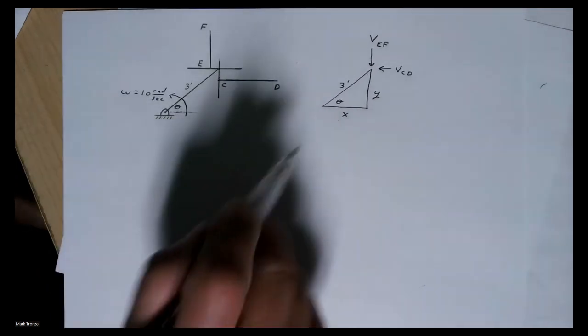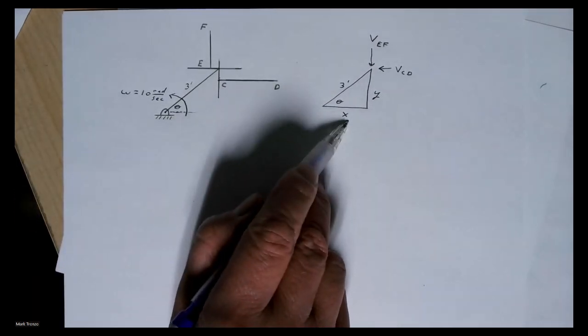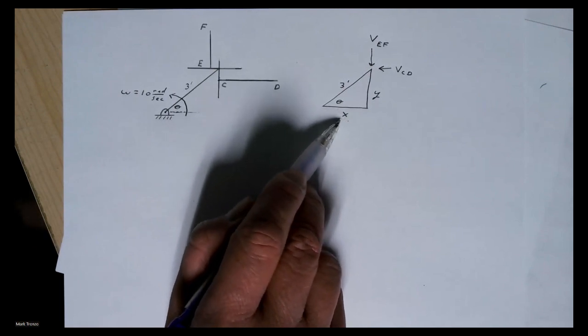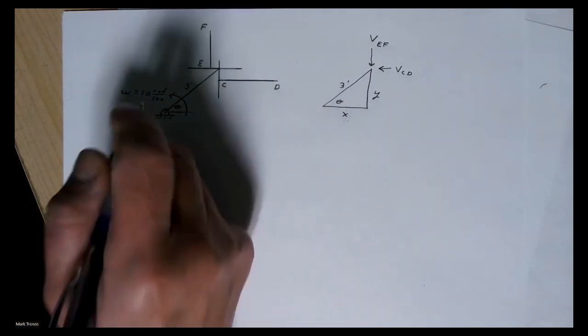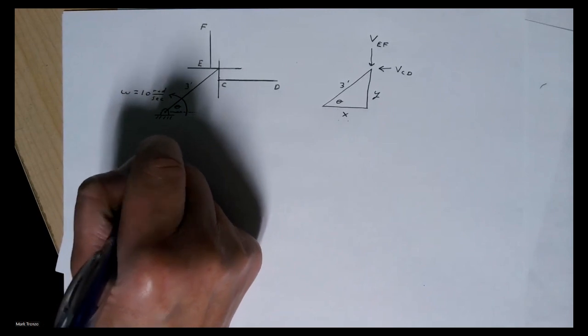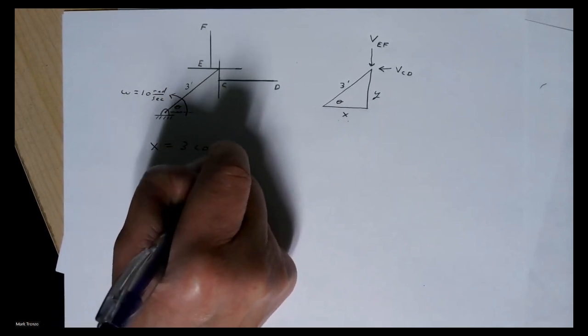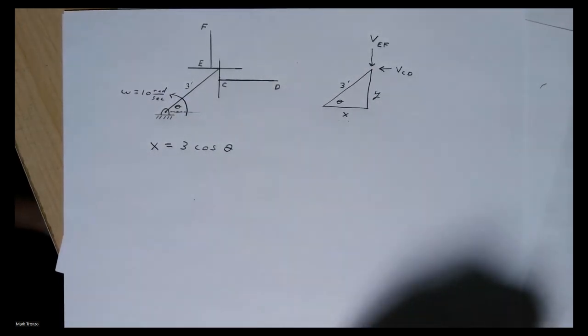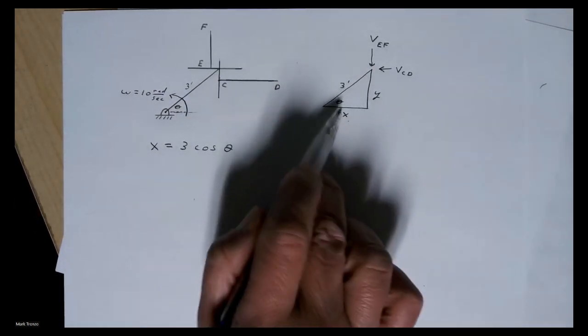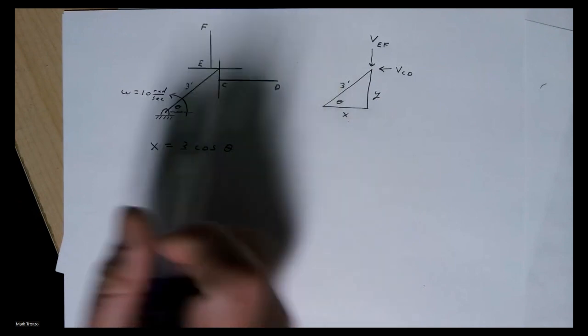Let's start with this X right here. Start with the relationship here. So we can relate X to theta very easily. So we can call X equal 3 cos theta. And then take derivatives.